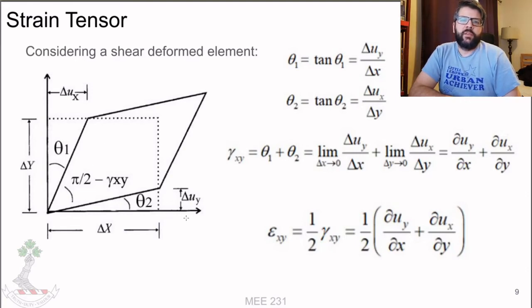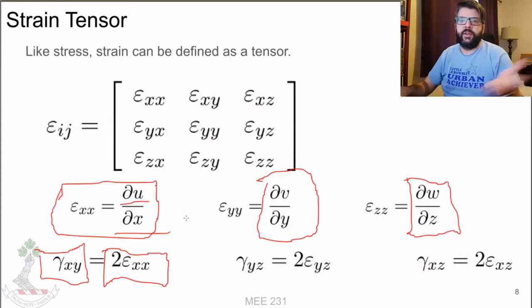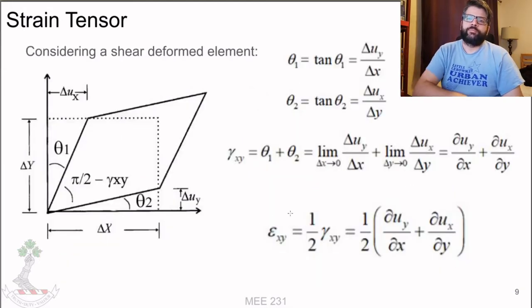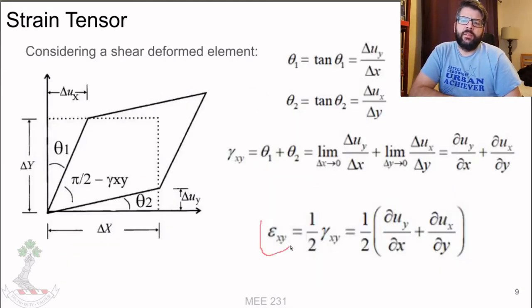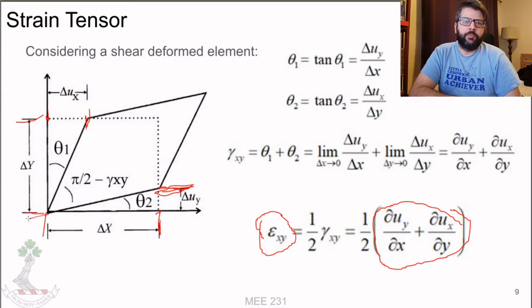the concept of a tensor kind of needs to work the same way. So essentially, the EXY here needs to be based upon the average of this distance here divided by this distance here, and this distance here divided by this distance here.